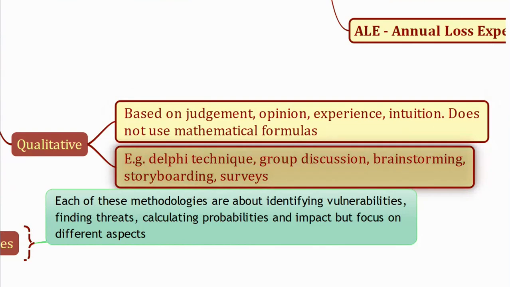Okay. Because quantitative can be very, very hard to do if you have to do a quantitative analysis for every single risk or every single asset, right? Because it involves a lot of calculations. So if you are trying to do it manually, it will take a very, very long time. So a lot of times qualitative is preferred over quantitative, but it depends on different scenarios. Okay. So that is qualitative.